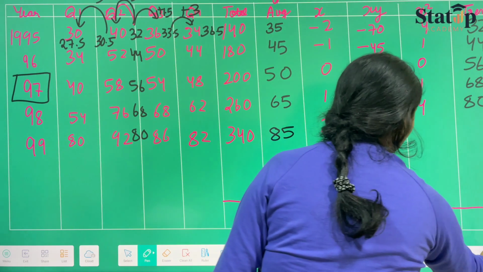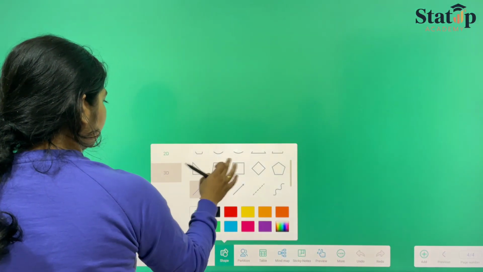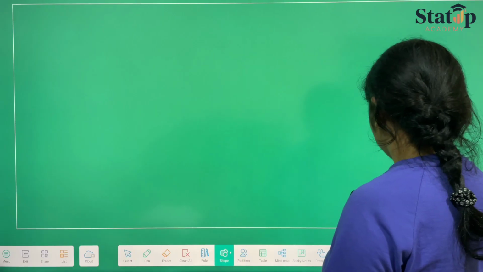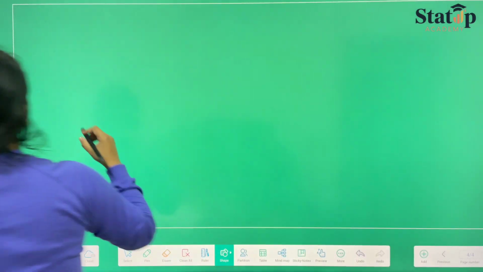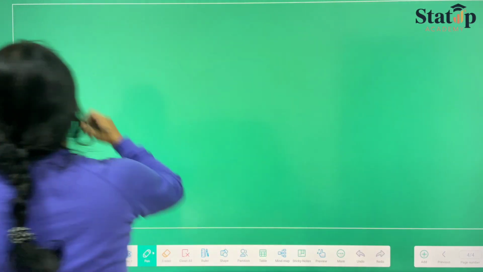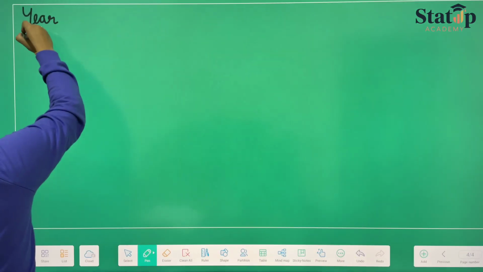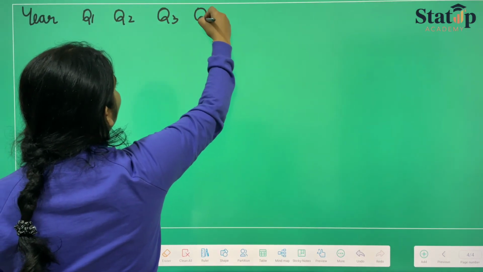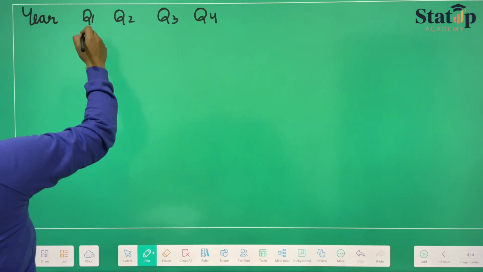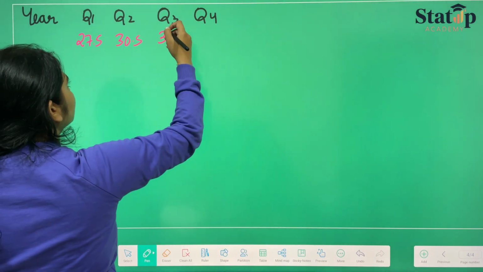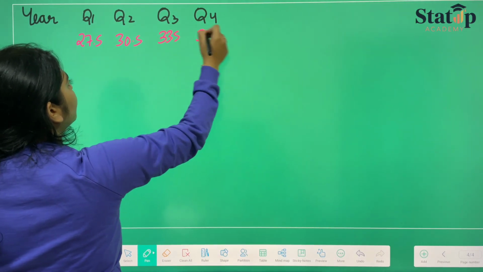So I am writing the whole thing here. For the year, Q1, Q2, Q3, Q4, we'll get the new values. They were 27.5, 30.5, 33.5 and 36.5.